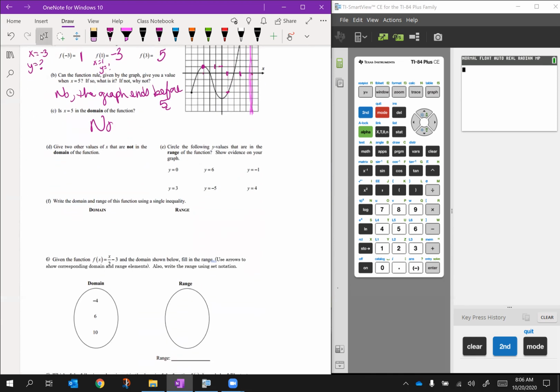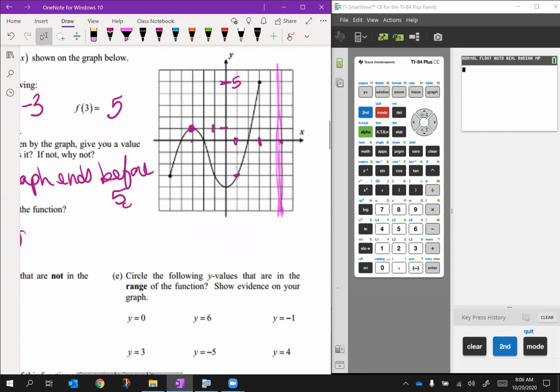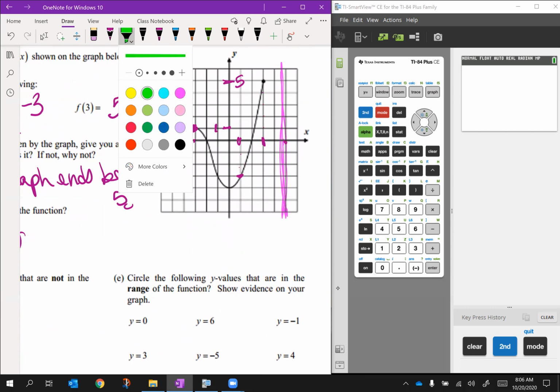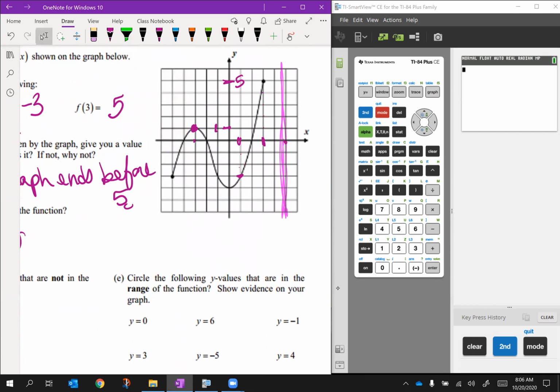Give two other values of x that are not in the domain. All right, so let's just figure out what the domain is. So I'm going to go back to green because that's what we're using. So the domain, I go to the left, mark it. I go to the farthest right, mark it. So this is the domain from here to here. So any two values that aren't in it.